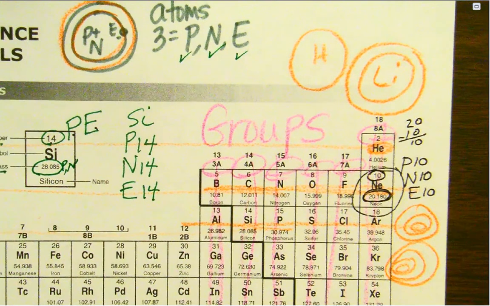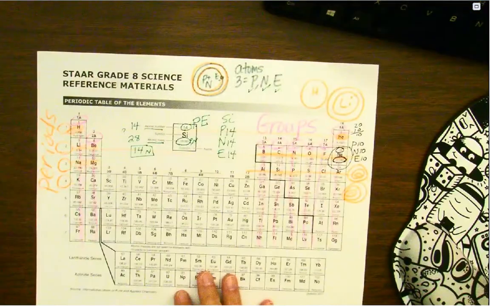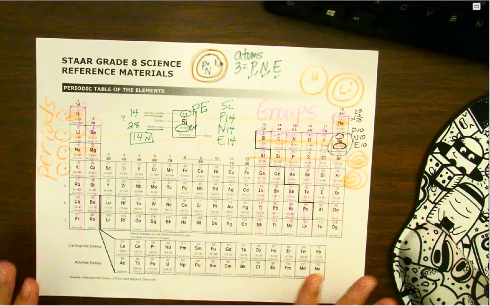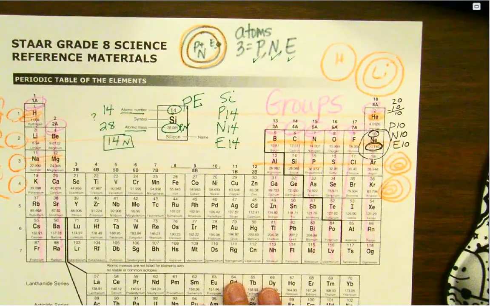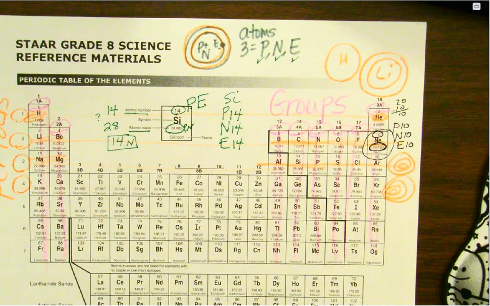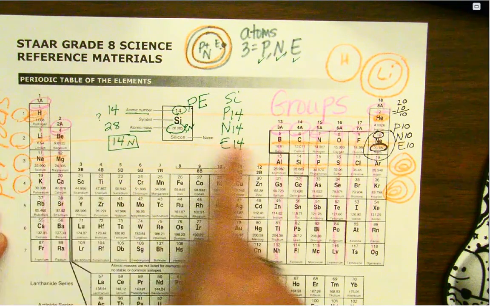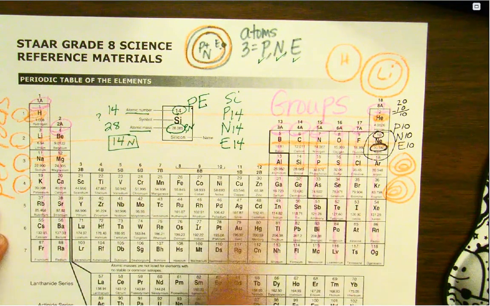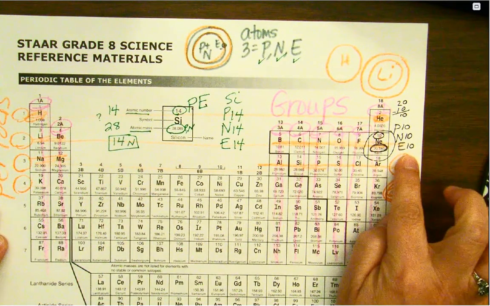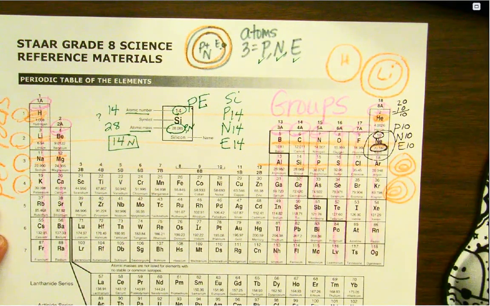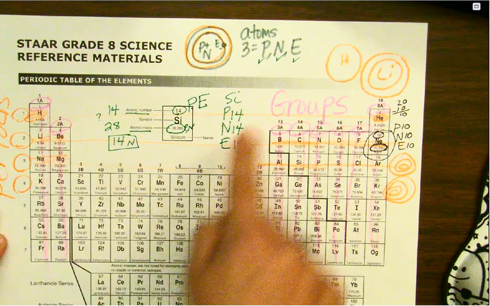Make sure you have all of this information in your notes because you're going to use it for the rest of the week. Let me zoom in a little bit. Make sure you have all of this. You need to know what periods are and what they mean. Periods tell you how many energy levels. For now, you just need to know where the main groups are.